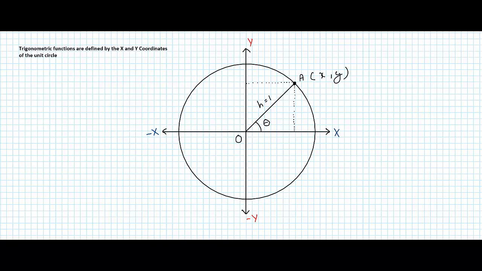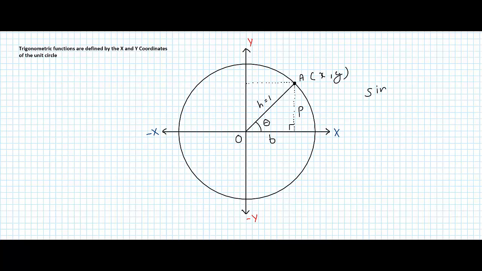This vertical line right here is the perpendicular of this right angle triangle. It's called P, and the base of this triangle is labeled as B. Now some standard trigonometry. What is the sine of this angle theta right here?